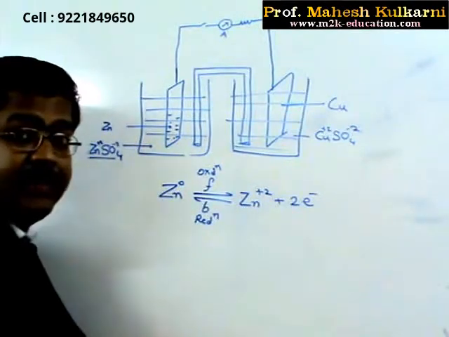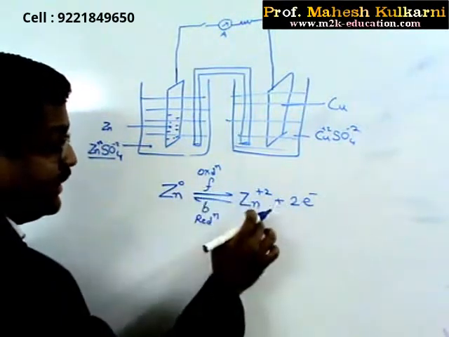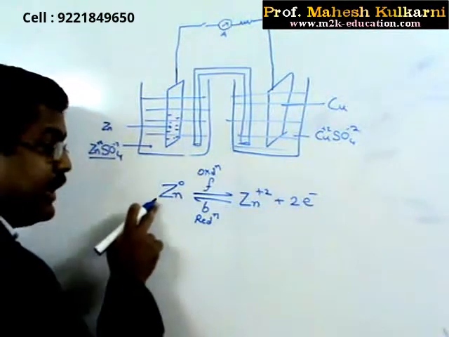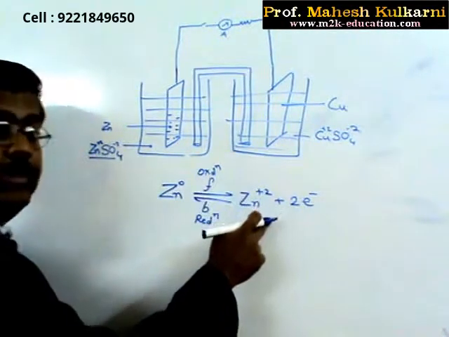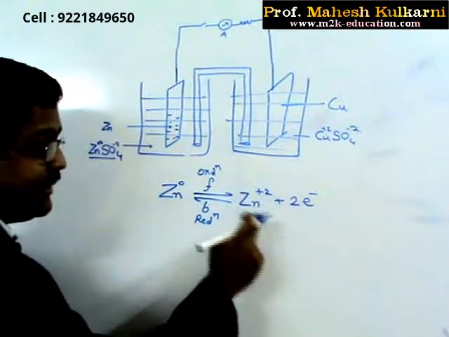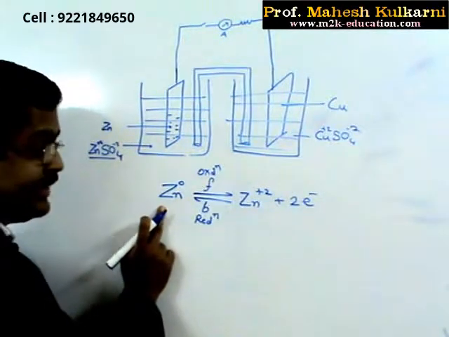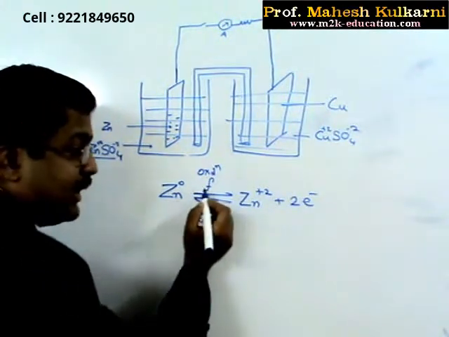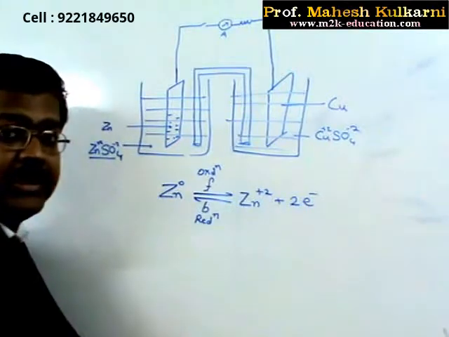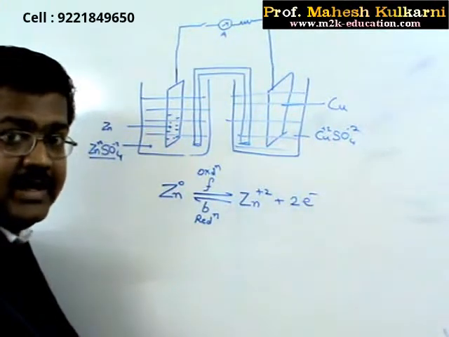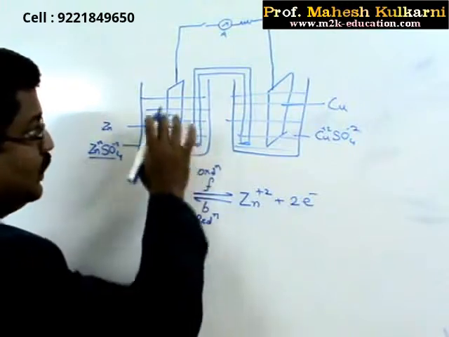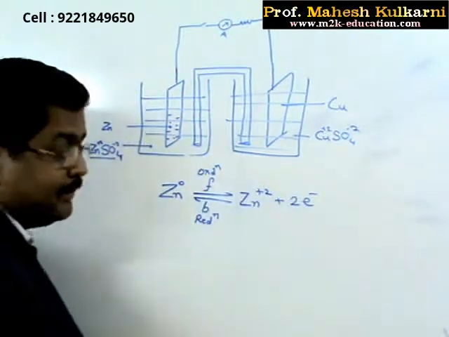So zinc is undergoing oxidation to give Zn plus 2, whereas Zn plus 2 is undergoing reduction to give Zn0. When the rate of the forward reaction is equal to the rate of the backward reaction, we call that the equilibrium condition. The solution is like that in equilibrium.